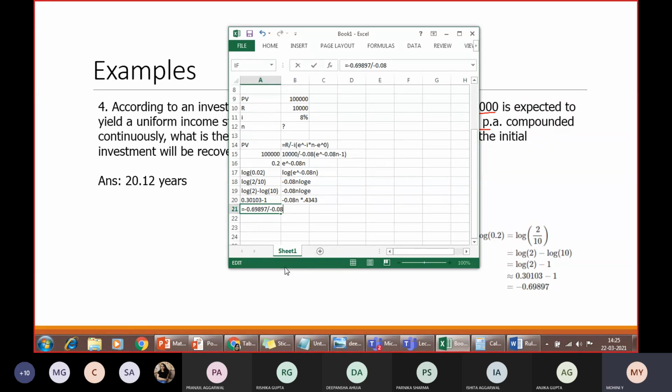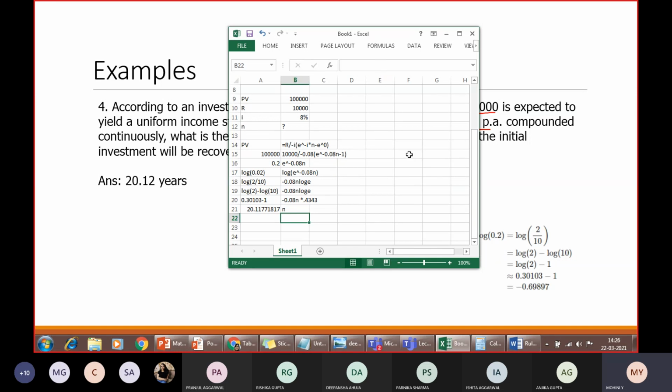Okay, then again I'll just multiply this here. So 0.4343 equals to n. So 20.12 approximately is the years in which you will get back your initial cash outflow.